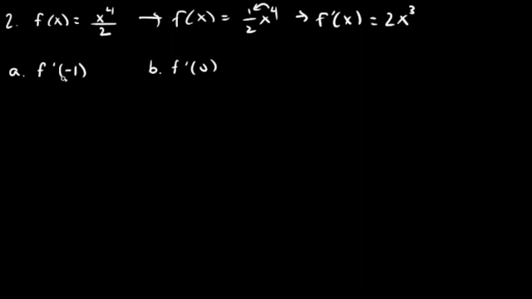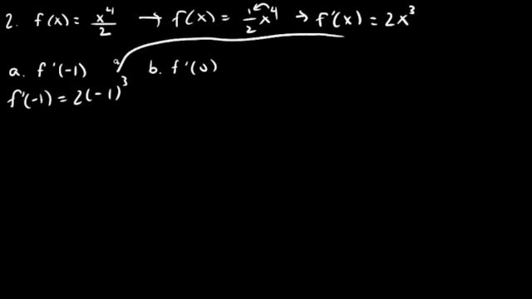Now it wants to find f prime of -1. So that means we plug in -1 for x in our f prime. So f prime of -1 is equal to 2 times -1 to the power of 3. I just pulled this function and brought it here, and plugged in -1 for x.